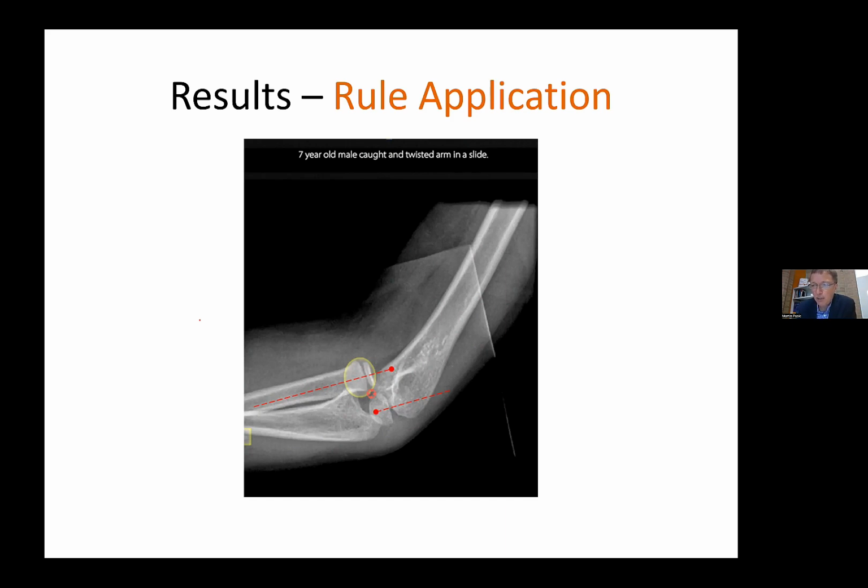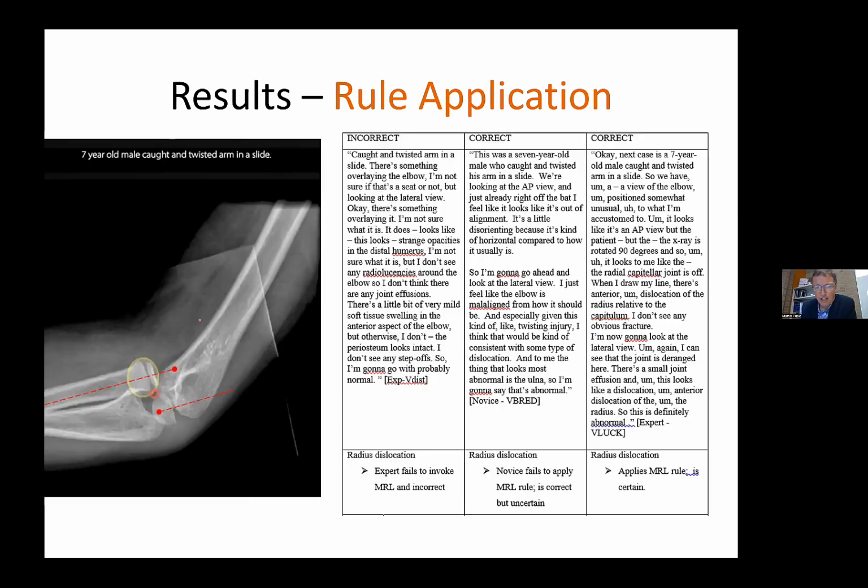But instead, we could see them thinking, okay, this is a borderline case, I better draw my lines. And then they would draw their lines in the cases where they needed to. So that was fascinating to us.